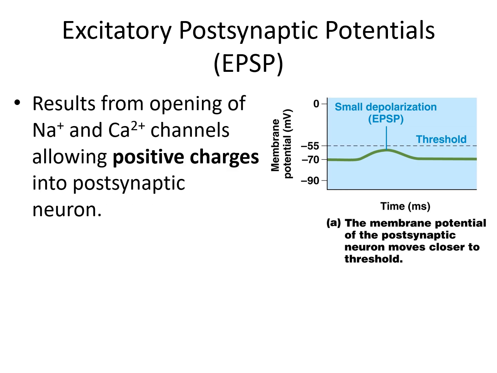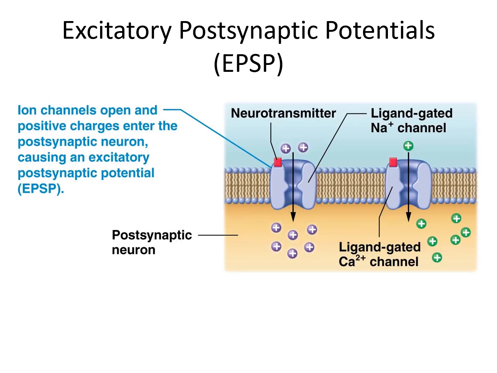Okay, so excitatory postsynaptic potentials, or EPSPs, are a result of openings of sodium and calcium channels, which allow positive charges into the postsynaptic neuron. As positive charges enter the postsynaptic neuron, this is going to increase, or make more positive, the resting membrane potential. Okay.